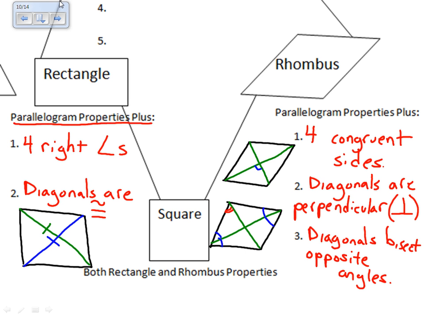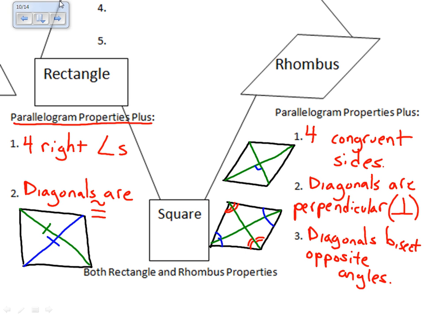That piece will be equal to the other half. Does that make sense? And then it bisects it on the last corner as well. Everybody see how those are all bisected? Those are all the properties.